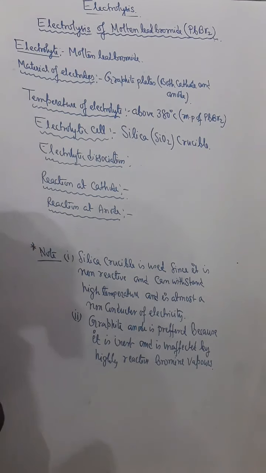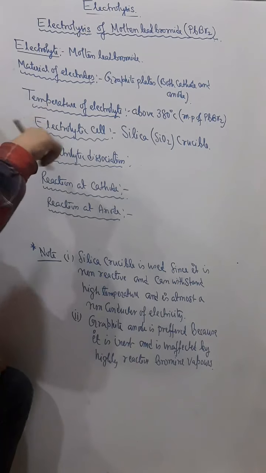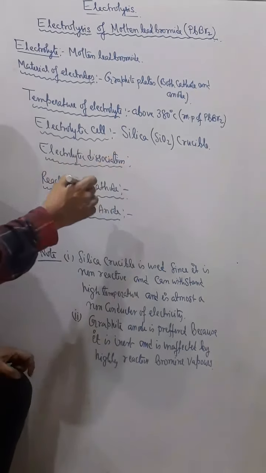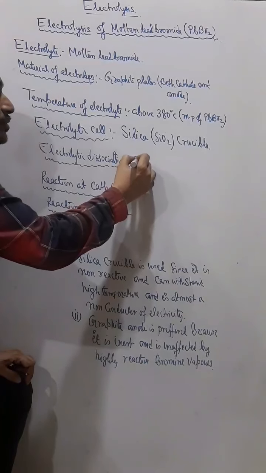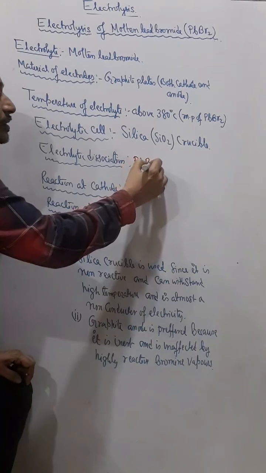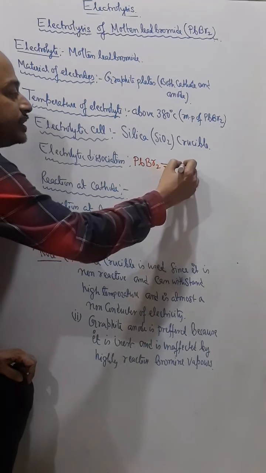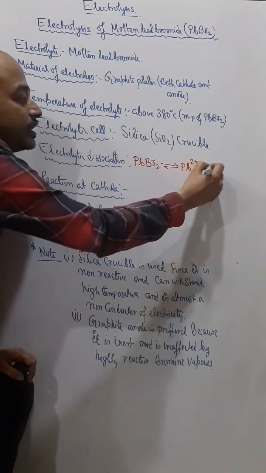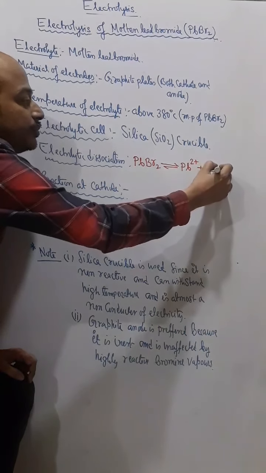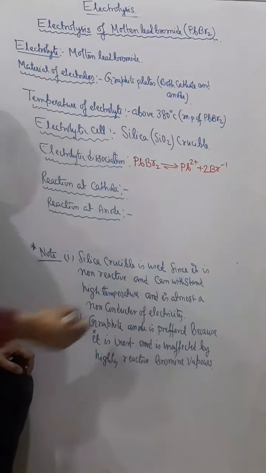And then electrolytic dissociation. As soon as electricity passes through the cathode and anode, dissociation takes place. So lead bromide, PbBr2, dissociates, so we will get Pb2+ and bromide, which is -1, so there are 2 bromide ions, so we will write here 2Br-.